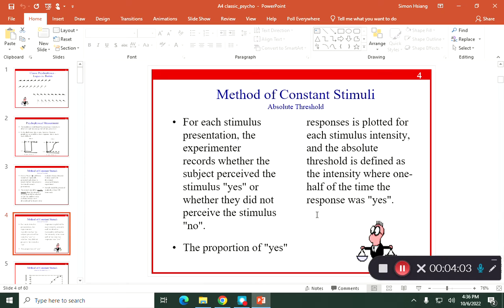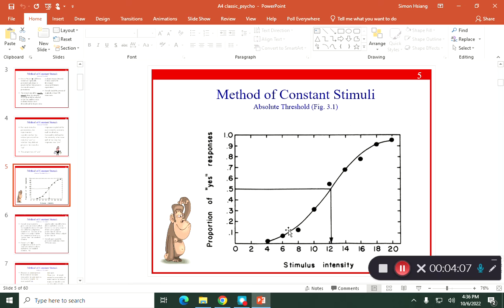To do that, you just say yes, yes, no, I don't see it, and gradually, from I don't see it, until I'm 100% sure I see it. You try to figure out where that 50% line is. And when you find that 50% line, you find the constant stimuli.